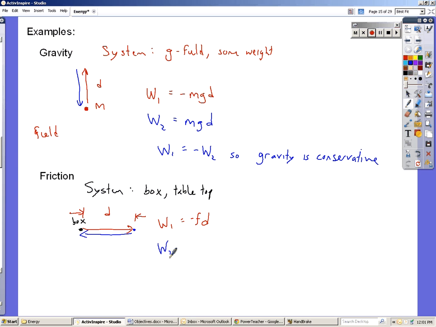And we ask, how much work does friction do there? Well, on the reverse motion, the box is sliding to the left, and friction is therefore going to point to the right. And so the work done by friction will again be negative. So we say that W1 is not equal to W2, and so friction is not conservative.